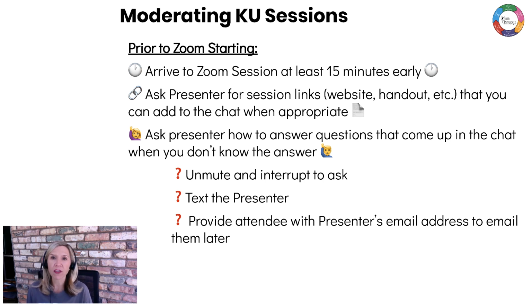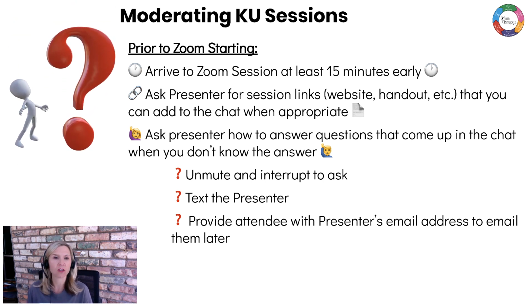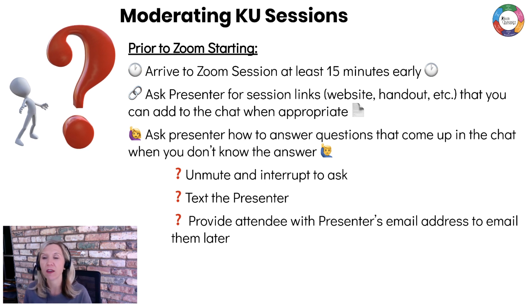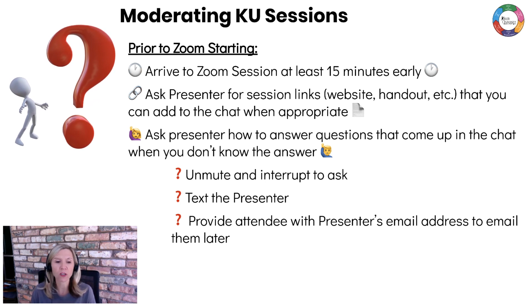And then another couple of things that you might want to ask your presenter: what do they want you to do if participants have questions that you are not going to know the answers to? I know you're probably not going to have all the content knowledge and the answers. So do they want you to unmute and interrupt the session and ask? Do they have a special time at the end, like a Q&A time, that you can make notes of the questions?